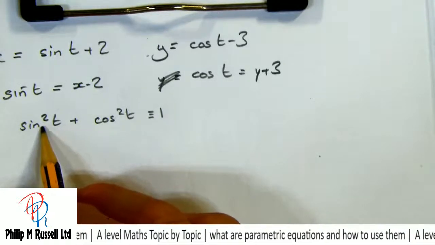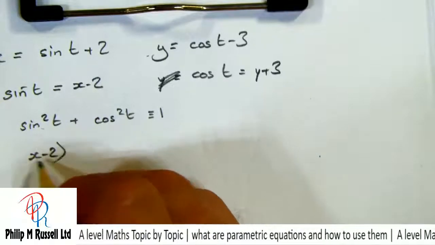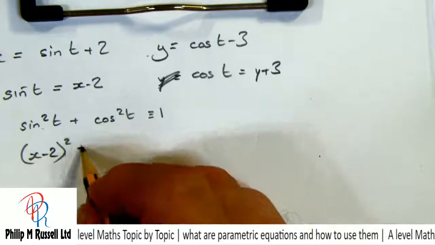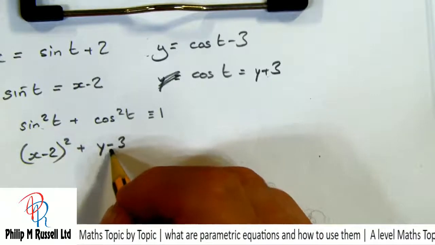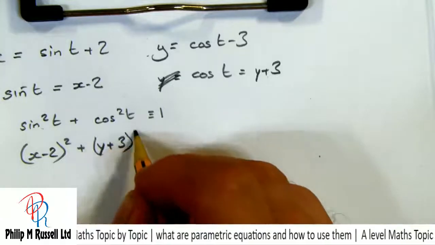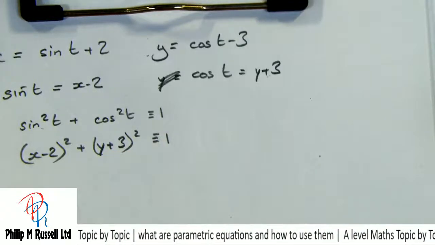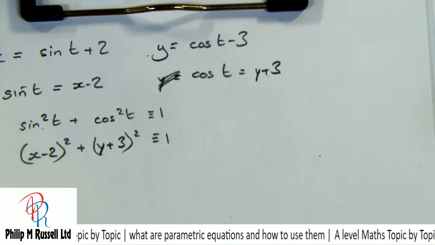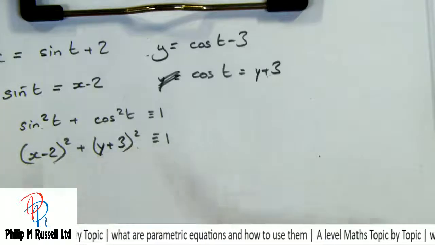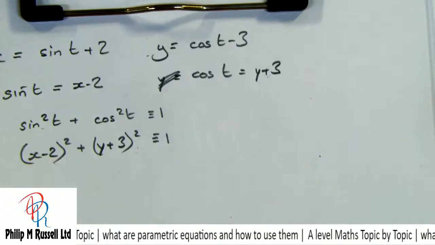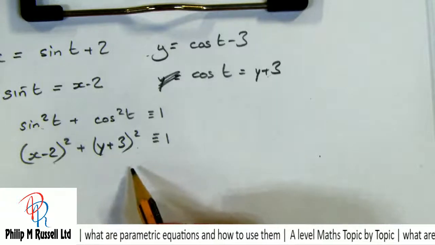I know that sine squared t is going to be x minus 2 all squared, plus y plus 3 all squared, and that's going to be equal to 1. And I can look at that and say that is, in fact, the equation of a circle.